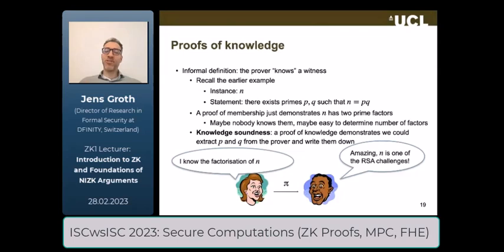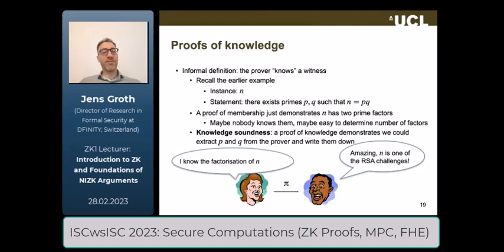So if you have a proof system that has knowledge soundness, then it would actually demonstrate more. It would demonstrate that, if a prover can convince a verifier, it's because we could actually extract that witness from the prover and write it down. Okay. And that's a stronger statement, right? Now it says, okay, the prover says, I know the factorization of n, right?